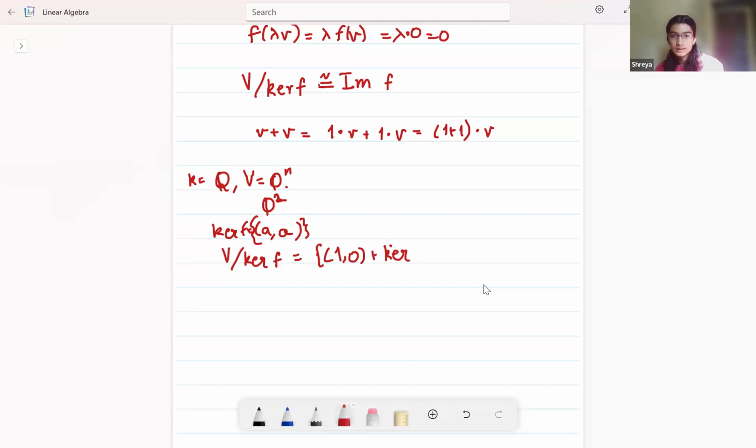Okay, so let's see what I did. The kernel of f is the set of all a comma a. Then this becomes all things of the form a plus 1 comma a plus 2, rationals.